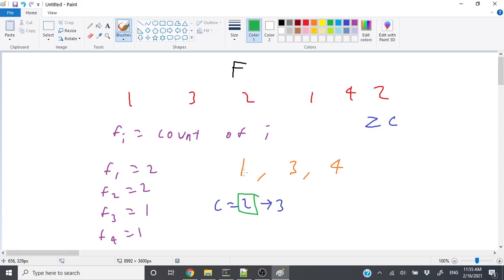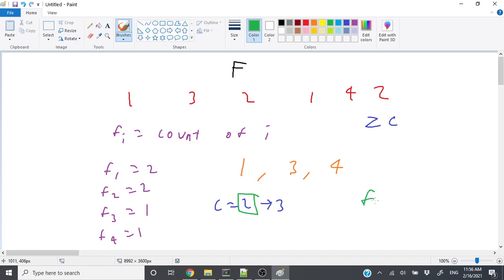meaning that there's not going to be an element that's equal to 2. So therefore, if we increase it, the number of elements that are greater than or equal to it won't change. So all we're going to do is increase c.